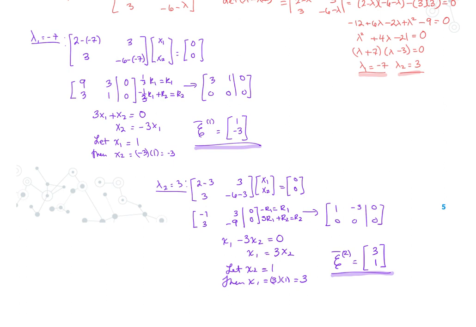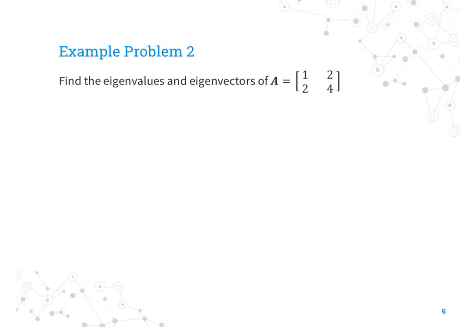Let's try another one. So now we've got our 2 by 2 matrix A is 1, 2, 2, 4. So A minus lambda I, the determinant of that is going to give us the determinant of 1 minus lambda, 2, 2, and 4 minus lambda, which will yield 1 minus lambda times 4 minus lambda minus 2 times 2, and we want to set this equal to 0.